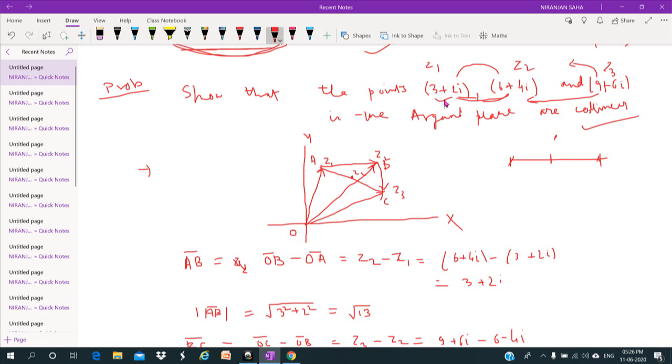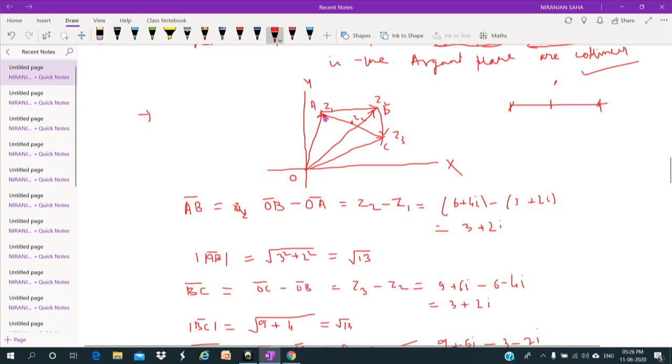So we have taken these complex numbers z1, z2, and z3. Now look at z1, z2, z3. I have written them down here in this way, but actually these complex numbers lie on the same line. First we have taken z1, z2, z3 arbitrarily in this way.